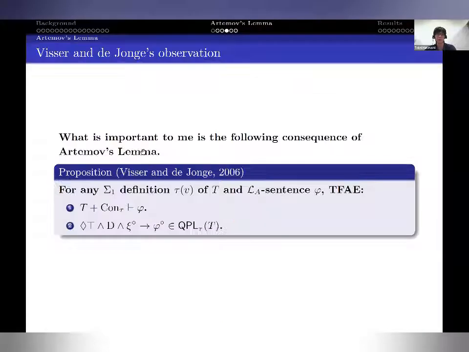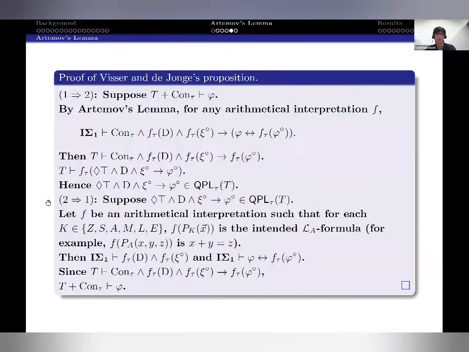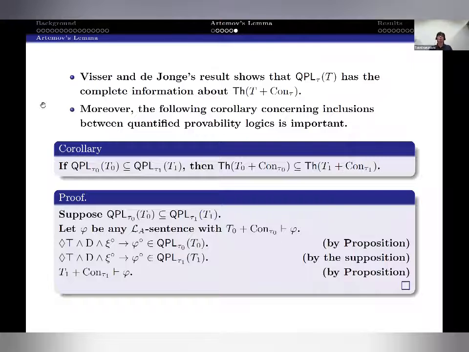So this completes the proof of Visser and de Jonge's proposition. This result shows that QPL tau of T has the complete information about the set of all theorems of T plus con tau.